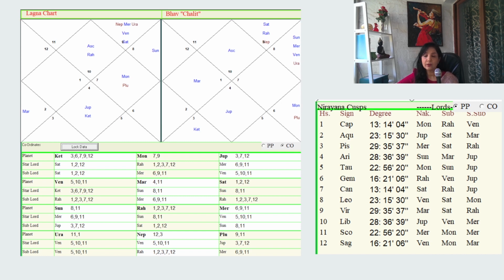But in Jupiter Mahadasha, this girl went abroad. And if you see Jupiter Mahadasha, this is favorable. But when Saturn started, if you see the Saturn script, she had to come back because at star lord level 2-8-11 is involved.